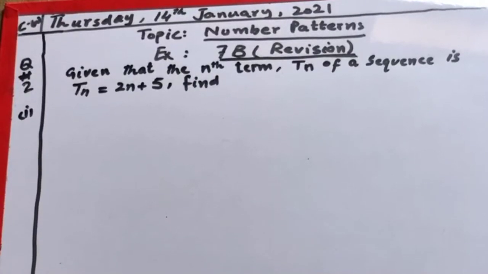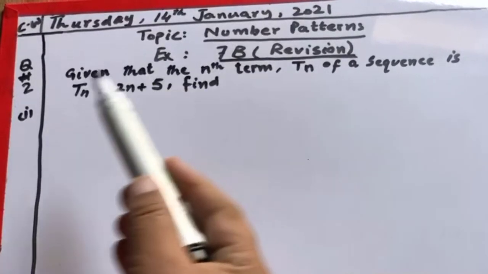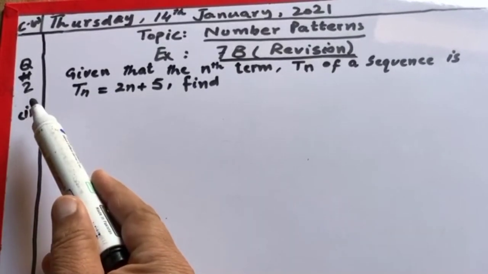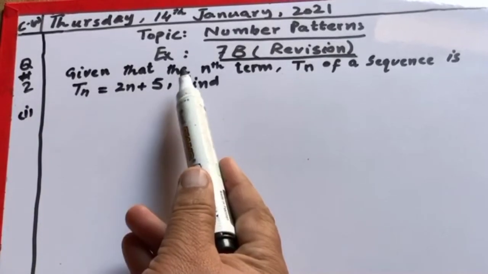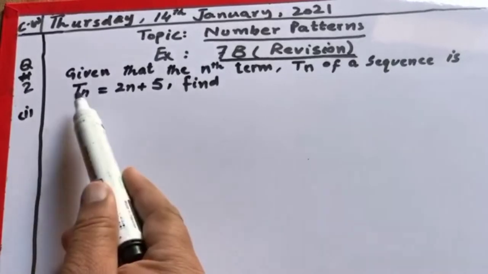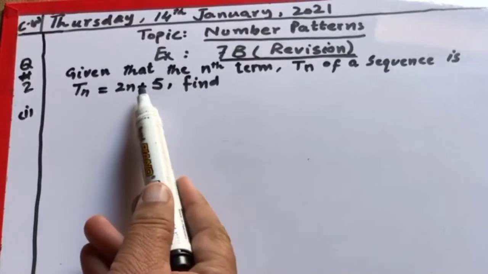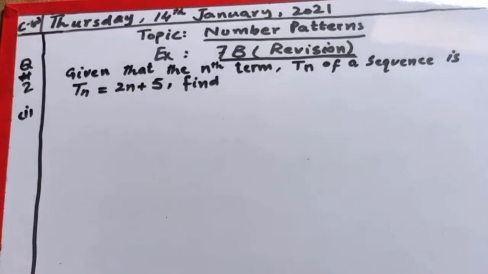Okay student, now we are going to solve the question number 2 of exercise 7b. The statement of question number 2 is, given that the nth term Tn of a sequence is Tn is equal to 2n plus 5. So it is the general term formula of a number sequence. So we have to find the following.